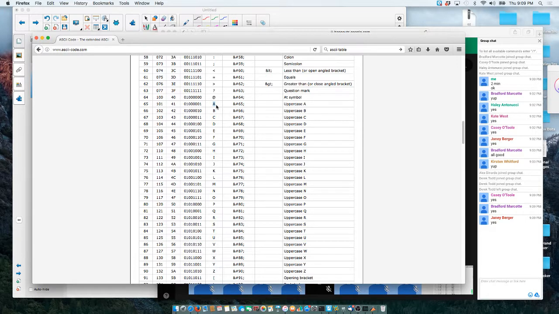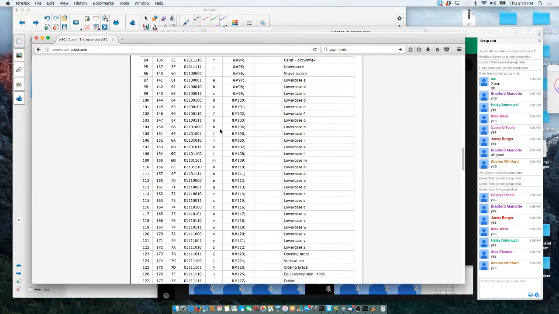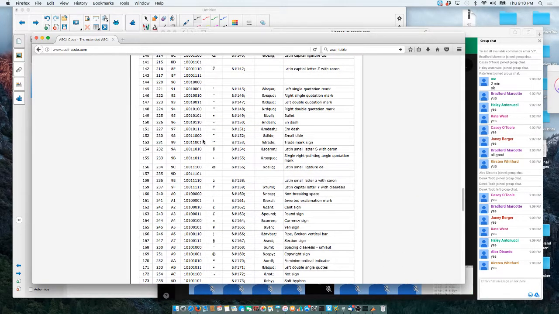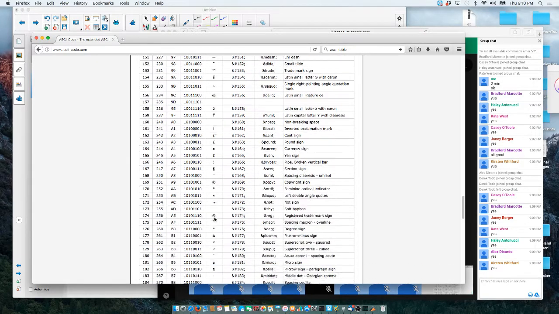Okay. So what you're seeing, and I never, ever, ever want you to have to memorize this at all, because oh my God. Okay. What I want you to see though is that every single letter has a bit pattern in this table. Every single lowercase letter has a bit pattern in this table. All of the printable symbols, and some weirdo symbols like the cent sign and the pound sign and stuff like that have symbols.